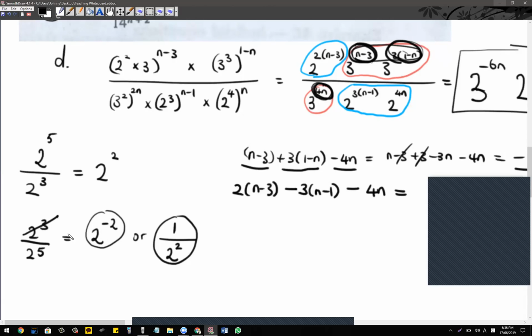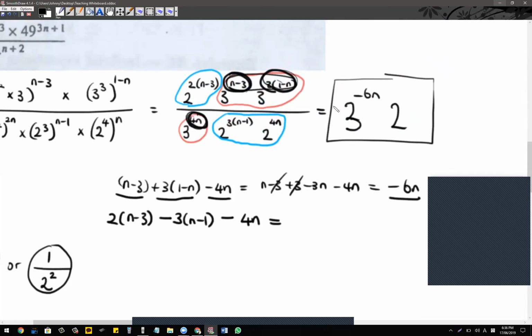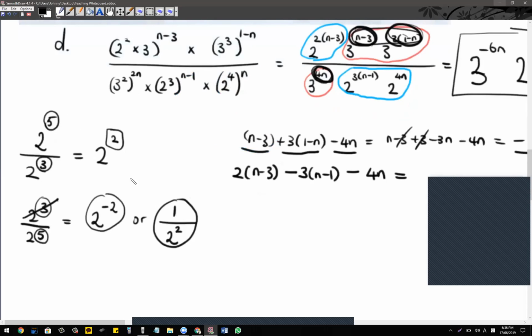So there are two ways. If this is greater than this one, you can do that minus that and keep the number on the denominator. Or you can simply do that minus that, and whatever the result is, you can just have 2 to the power of that result. So in this case as well, 3 minus 5 is negative 2. So you can just do 2 to the power of negative 2. So in this case, we're actually using this first method here.